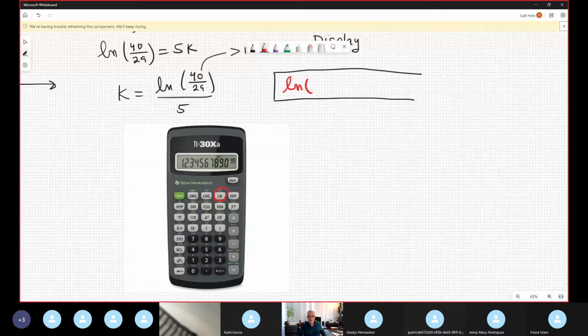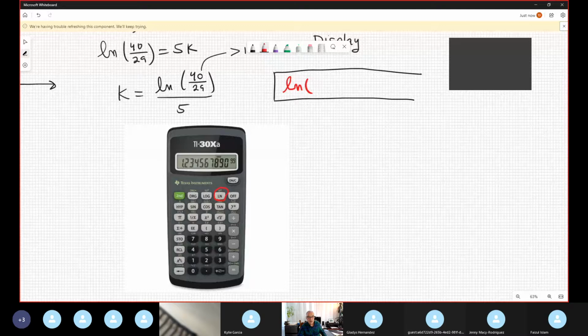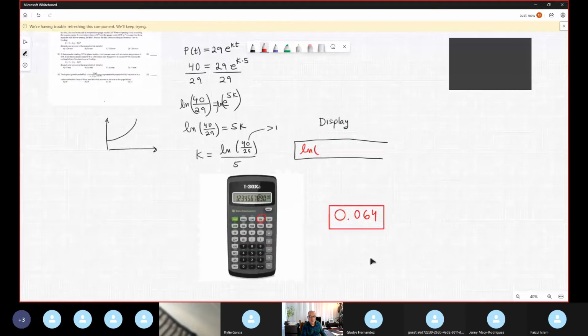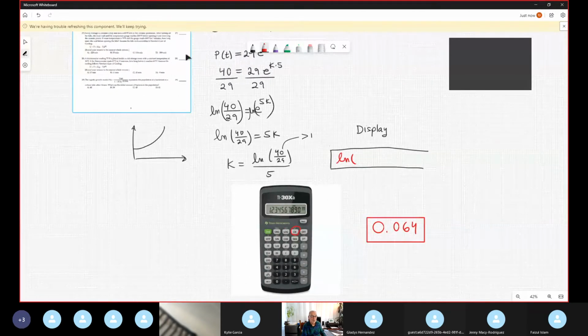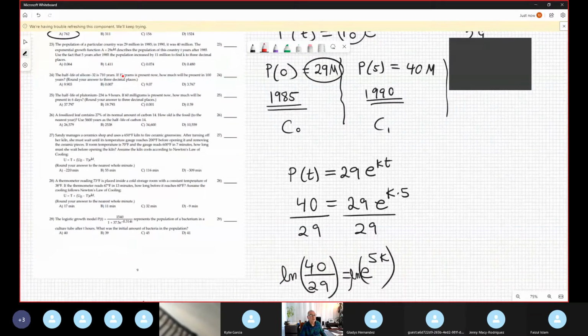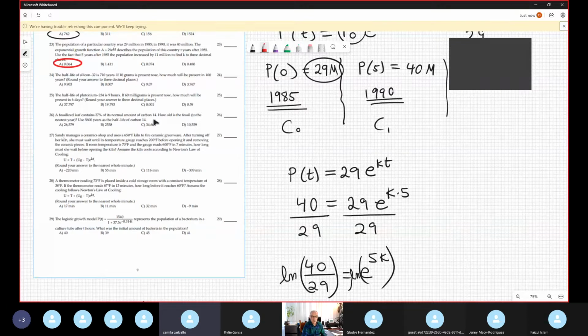So the answer is 0.064. Only 4 digits? Yes, because depending on the choice that you need to select, look, it's option A. You see? Yes. Cool. The rest of the things are going okay.